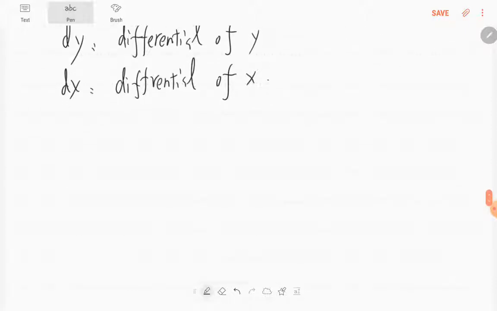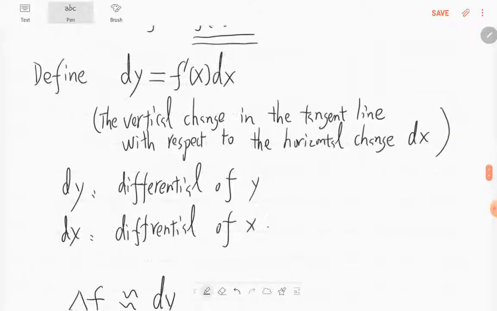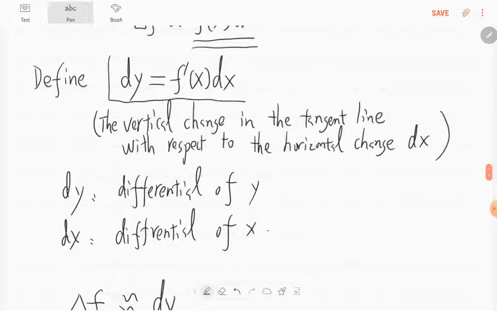So our true change delta f can be approximated by dy. We will not care about further applications of this formula, but we are interested in this definition, dy equals f prime of x dx.